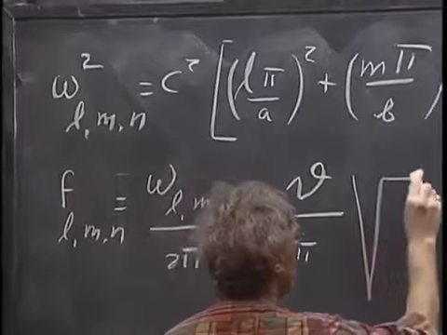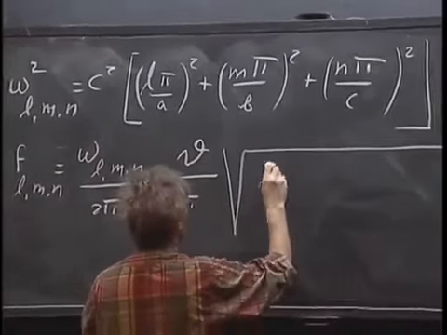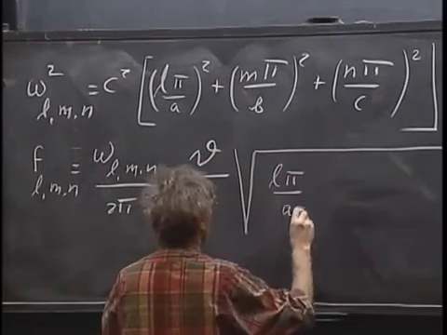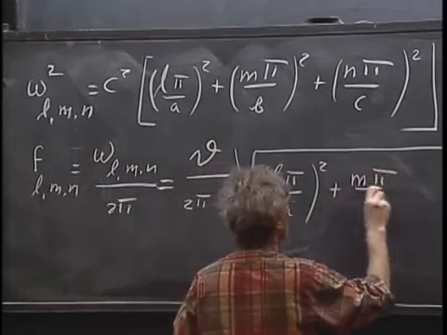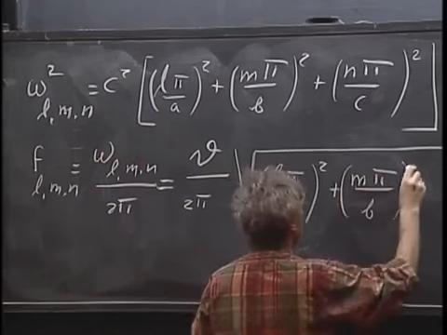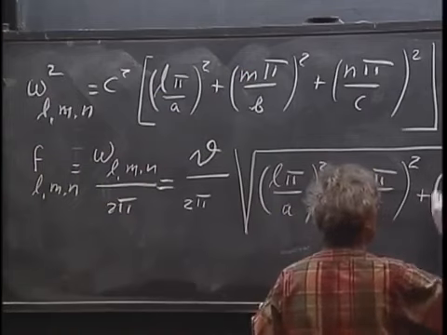And then I get here the square root of L pi over a squared plus m pi over b squared plus n pi over c squared.